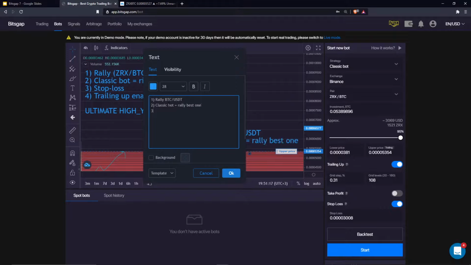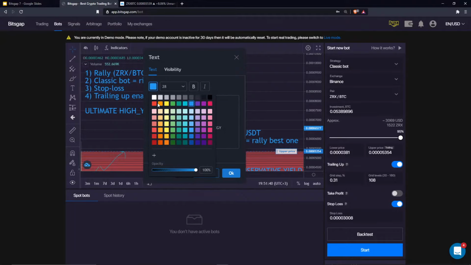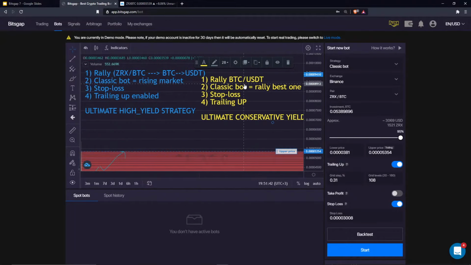The third one is to plot the stop loss. The fourth one is again trailing up. So that's your ultimate conservative yield strategy. Let's make it yellow in that case.